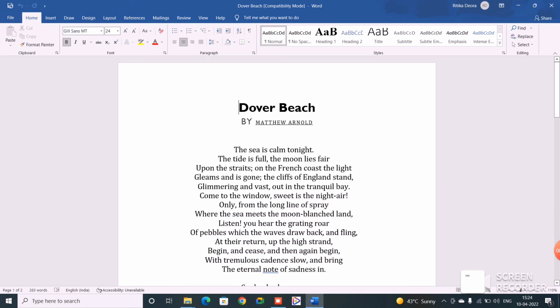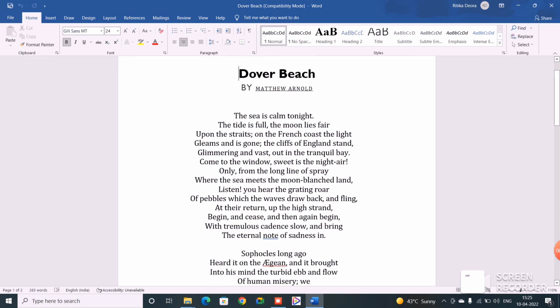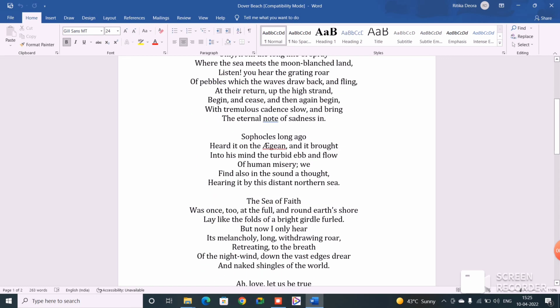Now let us discuss the themes and other important points of the poem. First of all, there are two important themes in the poem. The first is loss of religious faith and the second is love and affection. So this poem began as a beautiful description of nature in the first paragraph. Then, in the second paragraph, the poet gives an allusion or a reference to the Greek playwright Sophocles.